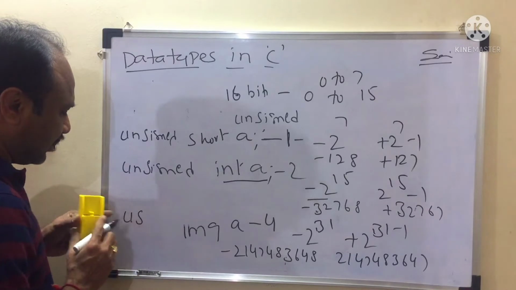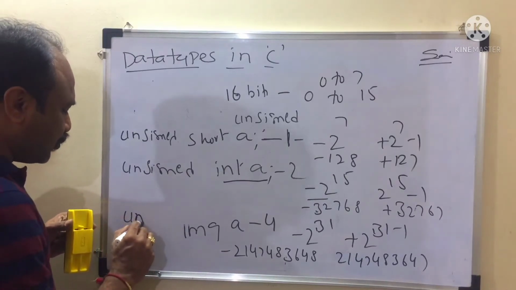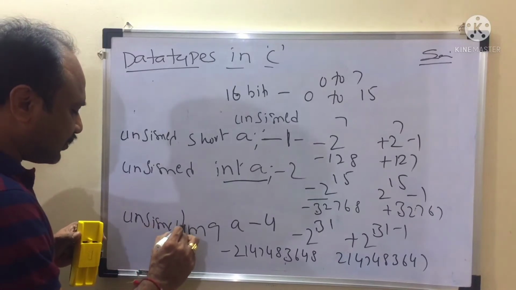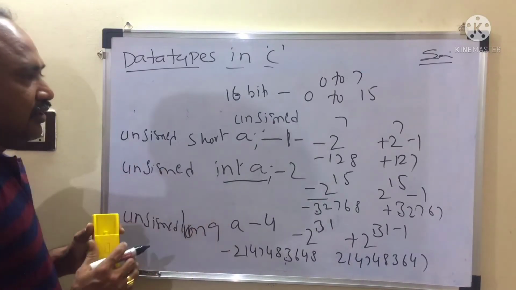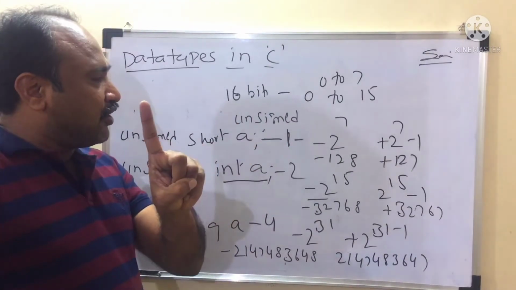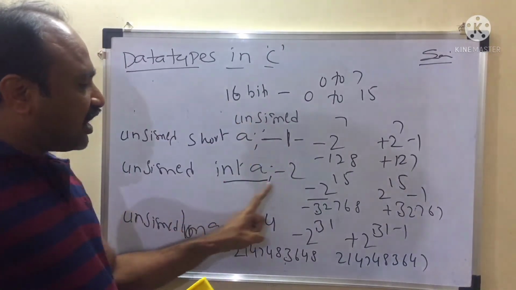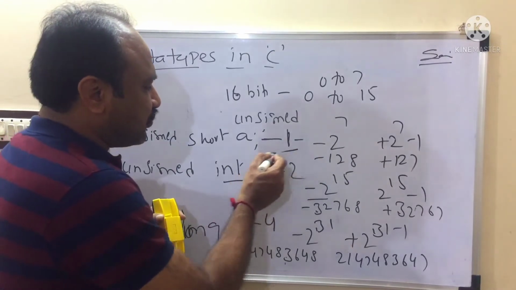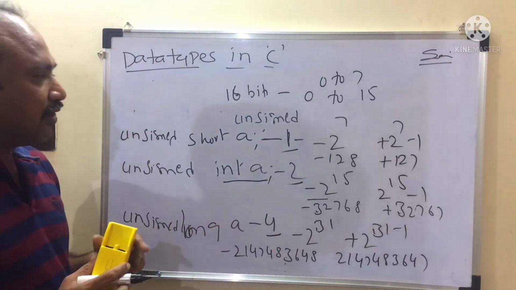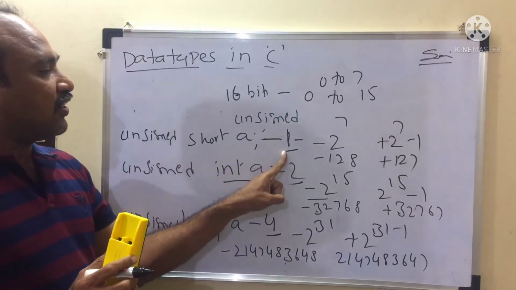If you don't use it, by default it will treat it as signed. Unsigned short a requires how many bytes? 1 byte. Unsigned integer also requires how many bytes? 2 bytes. Unsigned long a also requires how many bytes? 4 bytes.